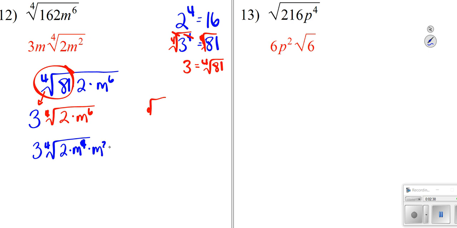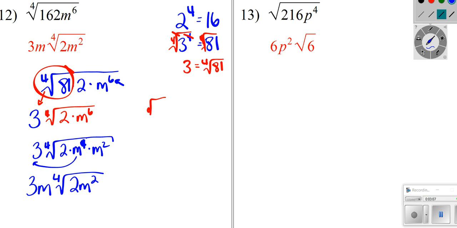That's m to the 4th and m squared. Again, fourth root and fourth power cancel each other out, so the m comes out front, and it will be 3m times the fourth root of 2m squared. The reason we took out the m is because the index needs to be bigger than the power inside the root.